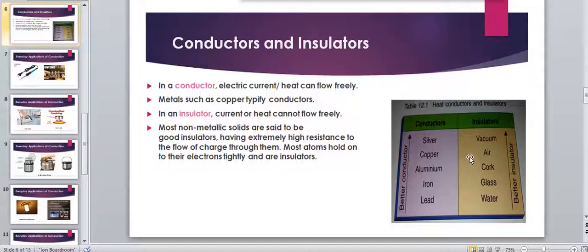Air is also an insulator, and vacuum is one of the most insulating materials in comparison to all those mentioned here in the list. So now let's have a better understanding of this topic with some practical examples.